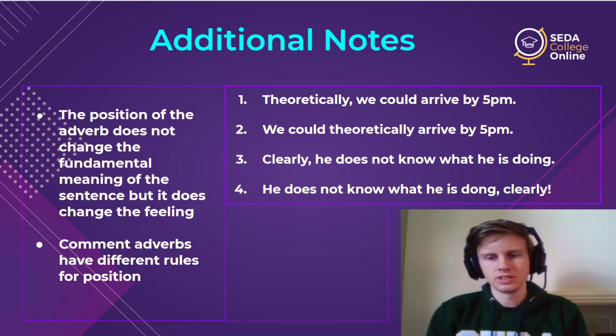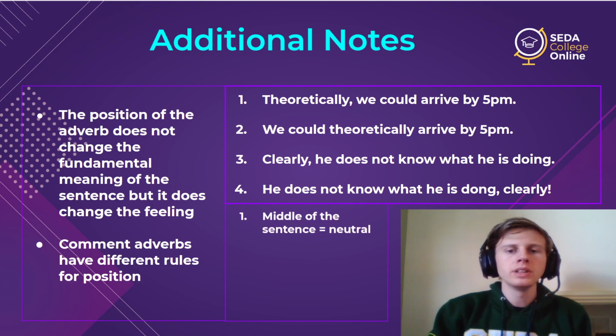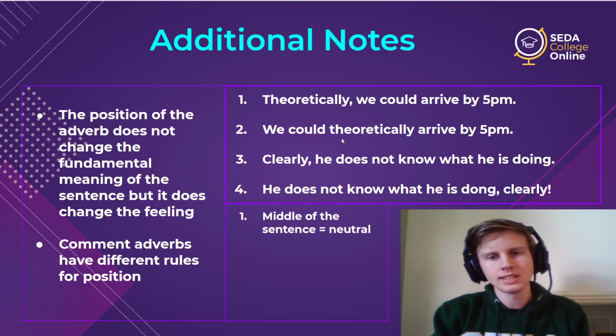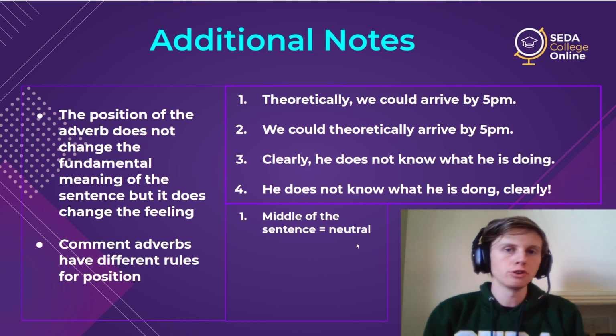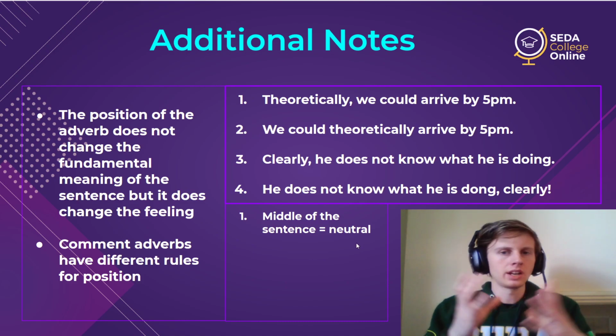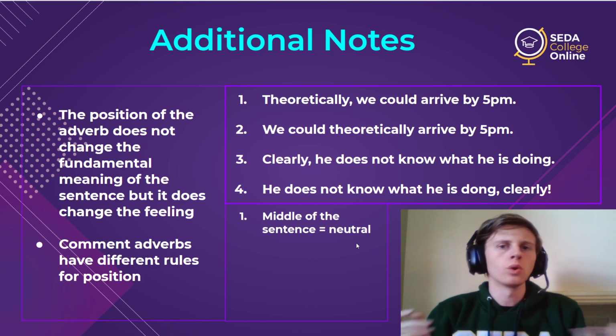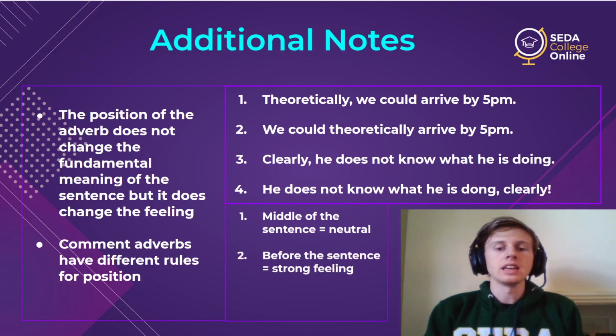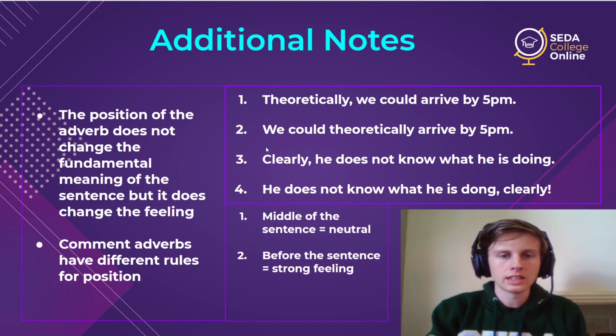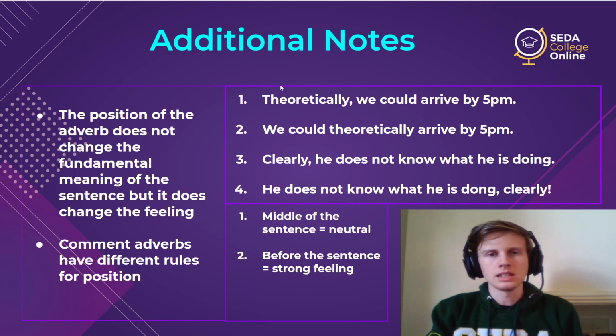So what's the difference for all of these? Well, when the adverb is in the middle of the sentence, like we could theoretically arrive by 5 p.m., that's just your neutral idea. That's the most basic, normal way to say it. No special meaning. If it comes before the sentence, like clearly or theoretically, then it means that this is an important feeling.